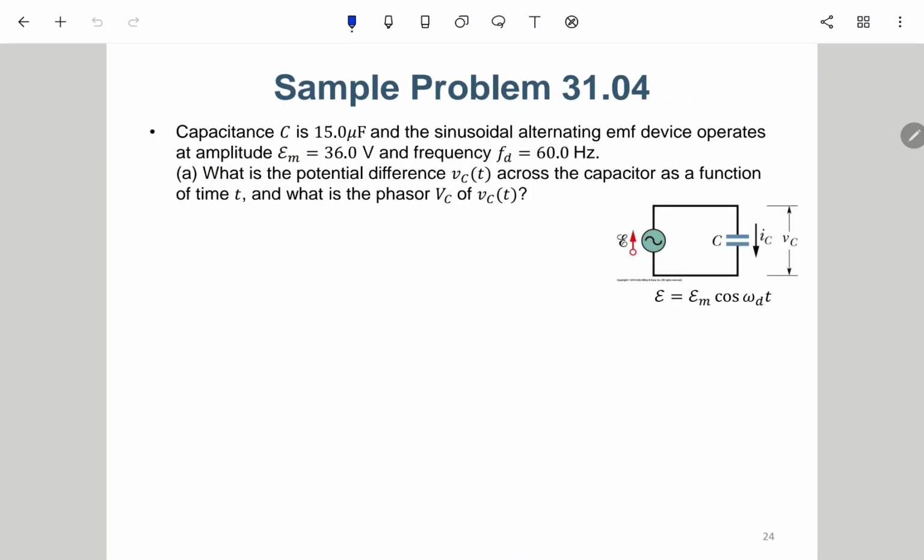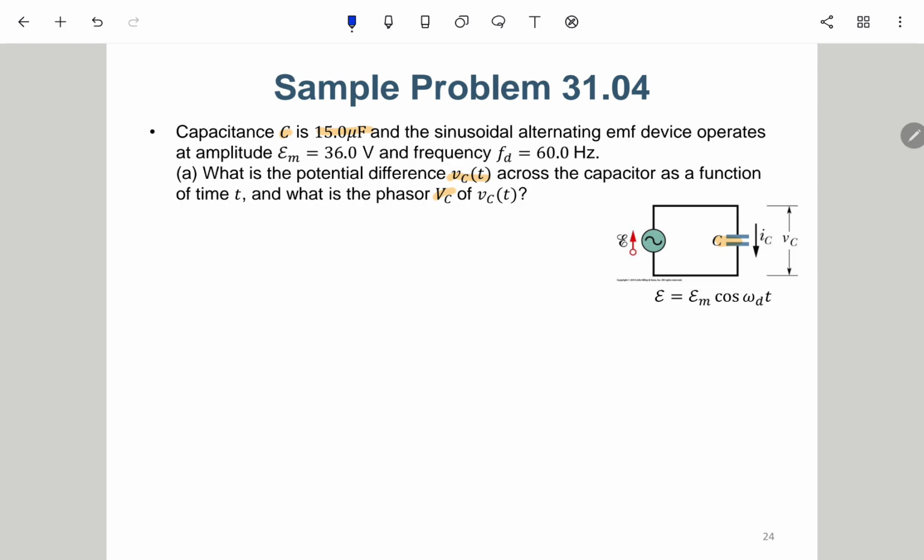Now we consider another sample problem about the capacitor. The only difference is that we change the resistor into a capacitor. So C is 15 μF here, and all the other conditions are the same. It asks you what is VC of t, and also what is the phasor VC.